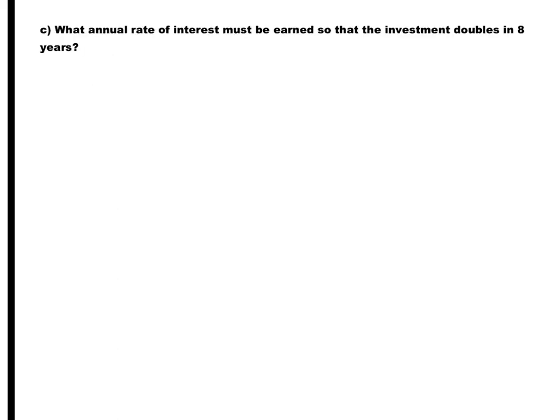The next part of the question says, what annual rate of interest must be earned so that the investment doubles in 8 years? Okay, since this is a simple interest, we know that A is equal to P plus PRT. We want double the investment, so it's two times 500, which is $1,000. The initial investment is 500. Again, P is 500 times R times T. T is 8.